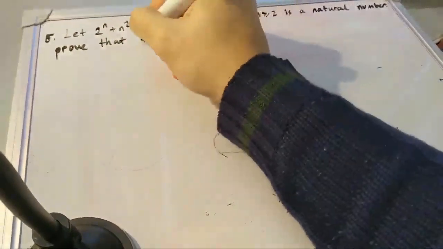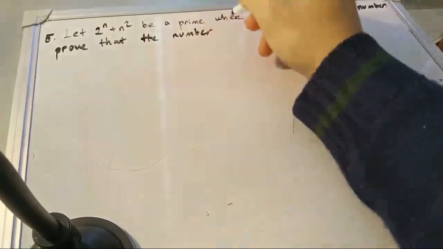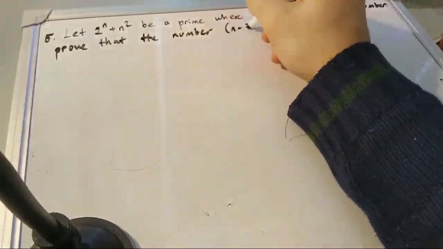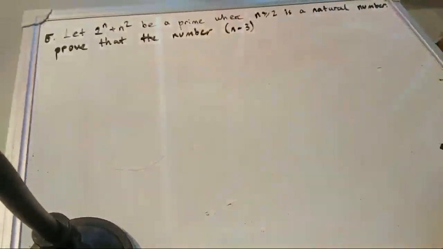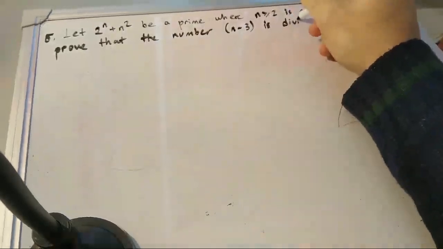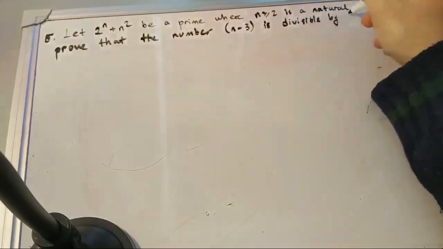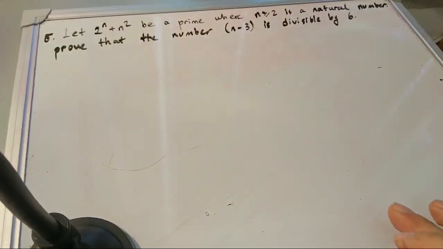Prove that the number n minus 3 is divisible by 6.